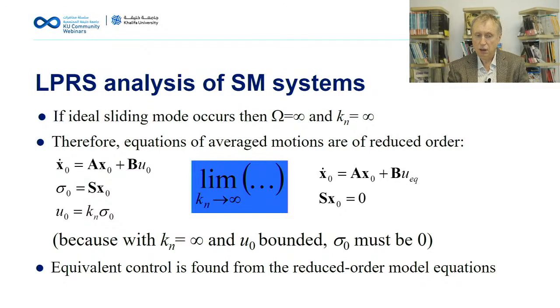The difference is through Kn. So if in those equations that are on the left-hand side, Kn approaches infinity, then the last two equations simply transform into Sx0 equals 0, and U0 becomes U equivalent.